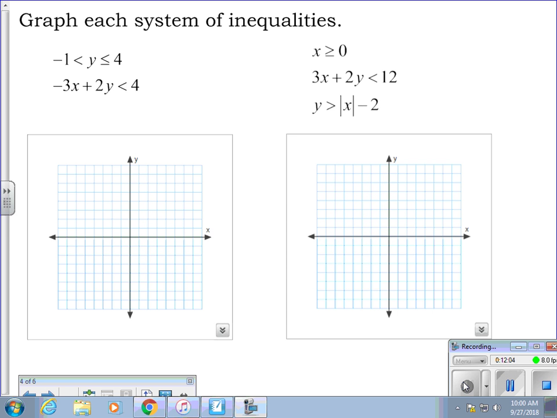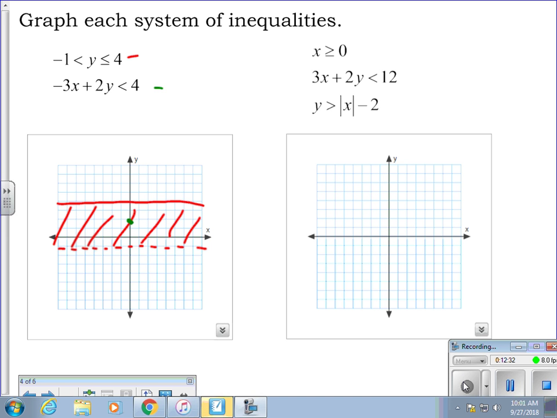Okay, let's go ahead and do these. So the first one's a compound inequality. Y is between -1 and 4. 4 is solid, 1, 2, 3, 4. -1 is dashed. And y is in between. And then I have a linear inequality, my straight line. Let x be 0, my y-intercept is 2.